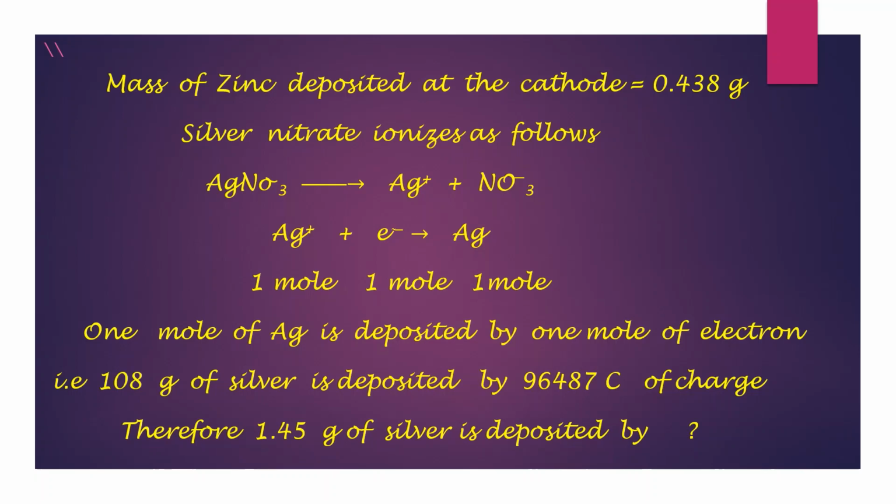Okay, so dear friends, we know that 108 is the atomic mass of silver. So 1 mole of silver is nothing but 108 gram. So 108 gram of silver is deposited by 96,487 coulomb of charge. Therefore 1.45 gram, which is given in the problem, of silver is deposited by how much coulomb of charge?